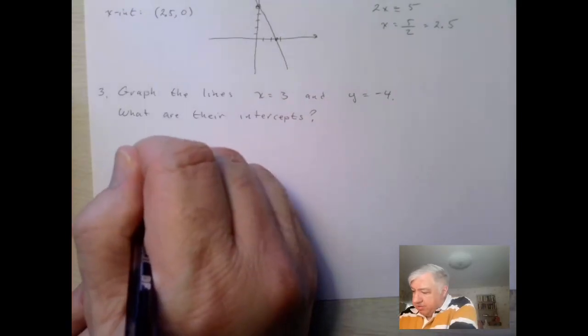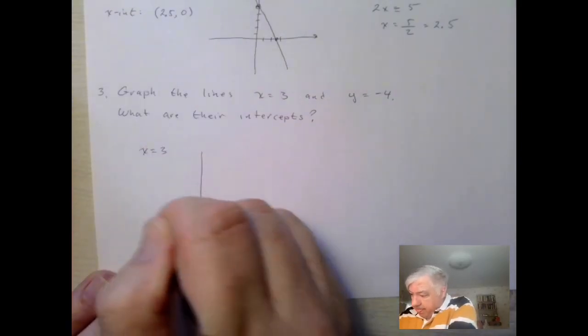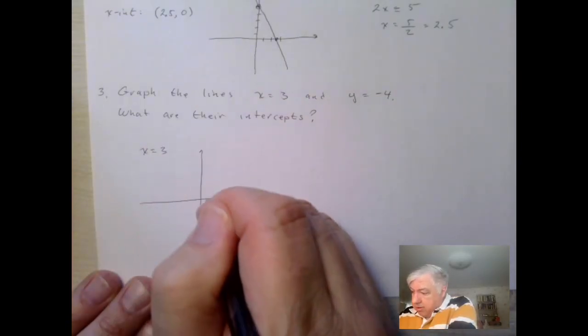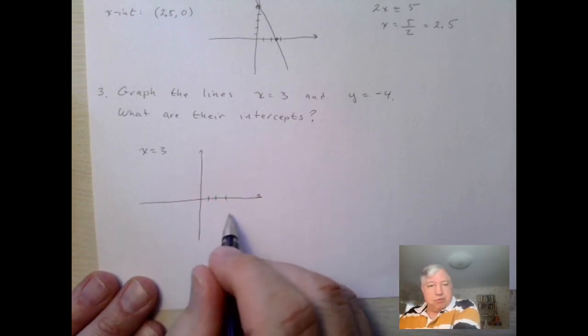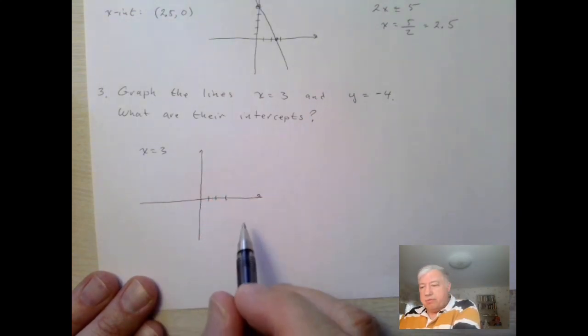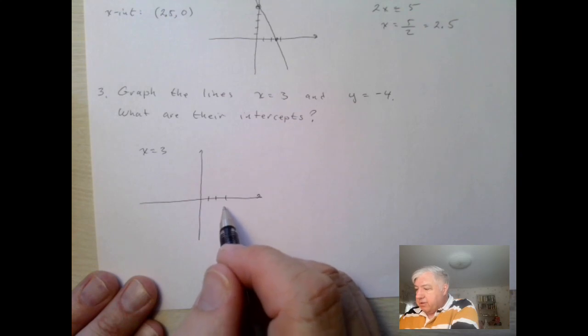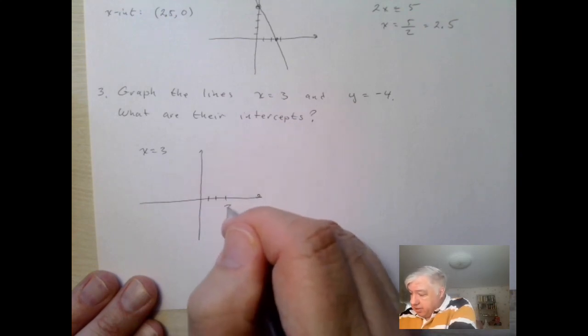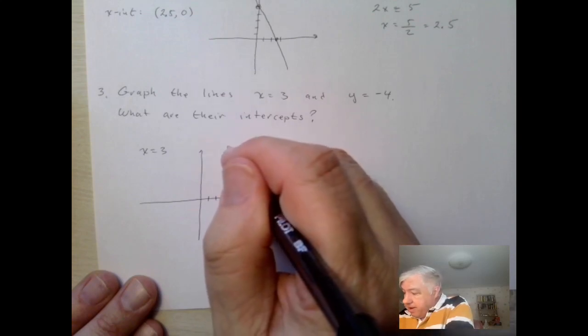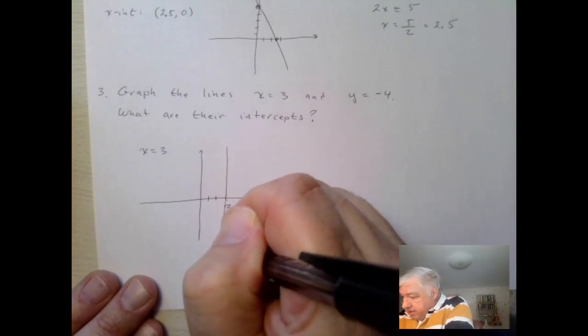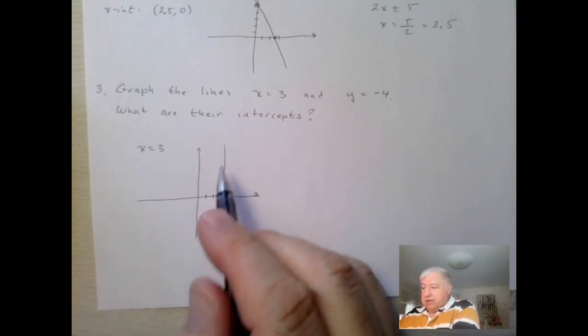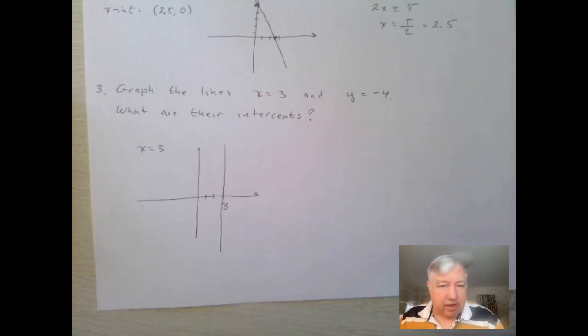So for x equals 3, okay, so here's 3, the point (3, 0), and everything on this vertical line has x-coordinate equal to 3. So that's why we have a vertical line.